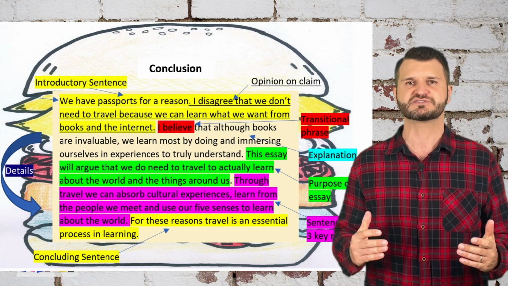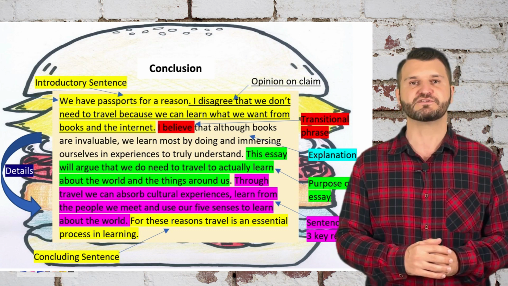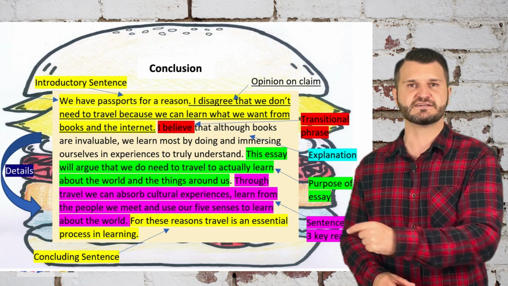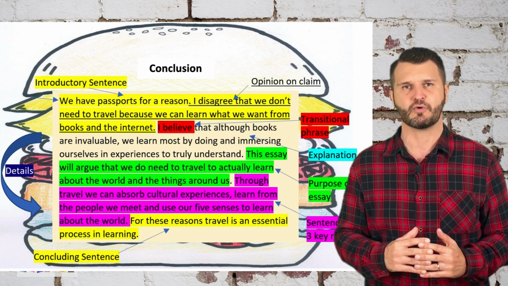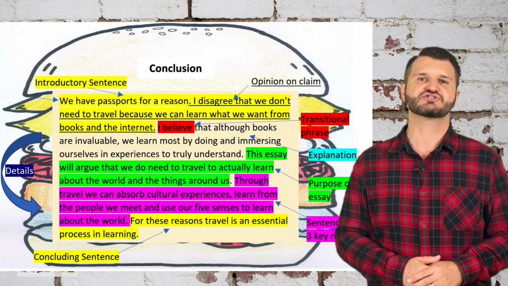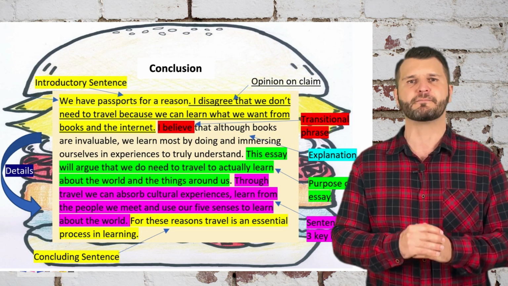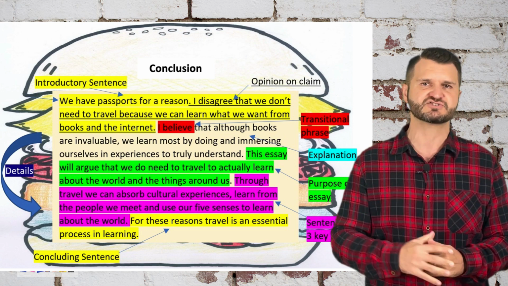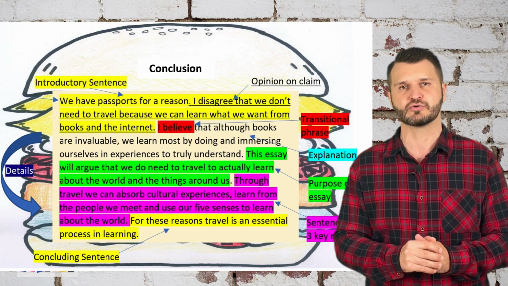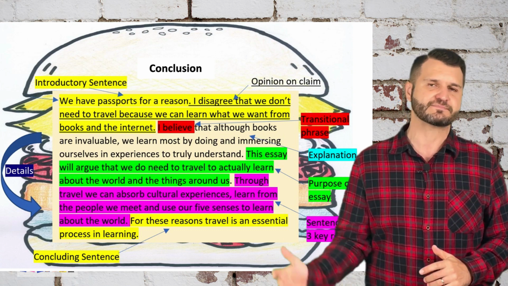We also have used green to highlight the purpose of this essay. We have really made it clear. And then you can see in purple, we have listed 3 strong ideas to argue and convince the reader about our opinion. And then finally, with the awesome hamburger strategy, we always conclude. So we have in yellow at the bottom, a concluding sentence that wraps it all up.